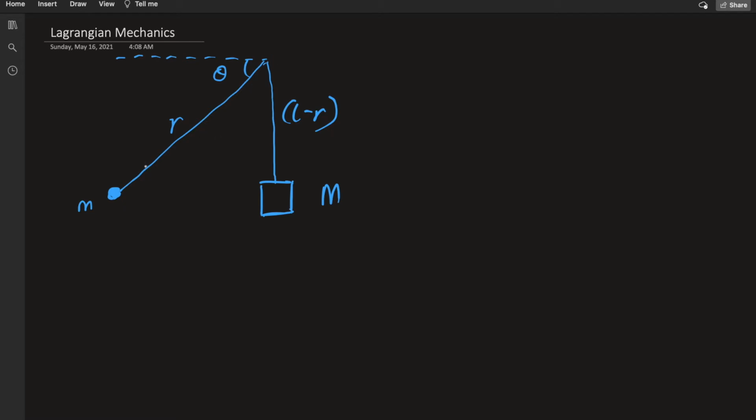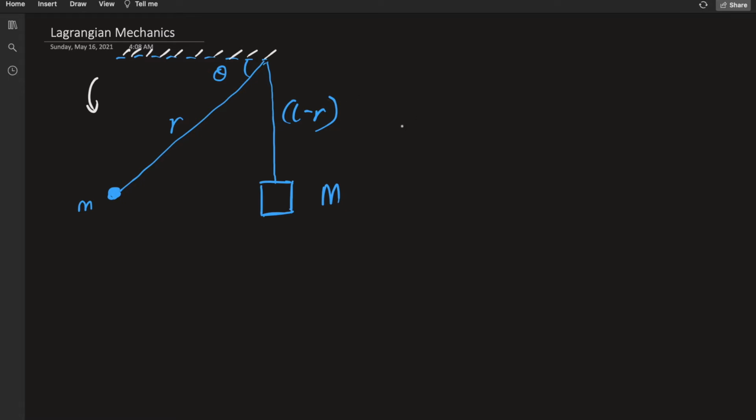The small mass m subtends an angle theta from the horizontal. You can call it the angle of depression, and it's moving this way, with a fixed support. We don't want this to move anywhere else.